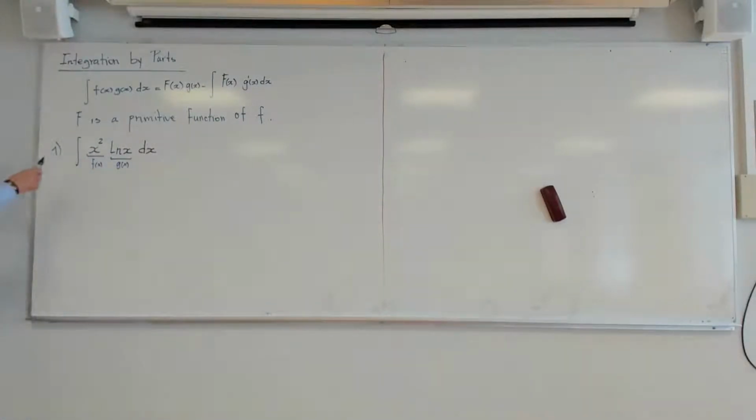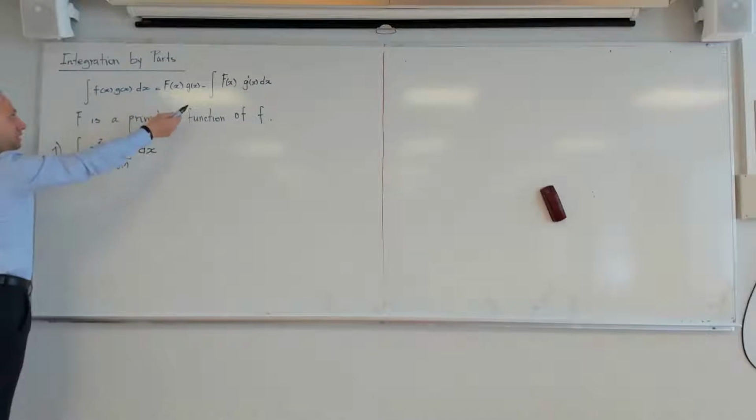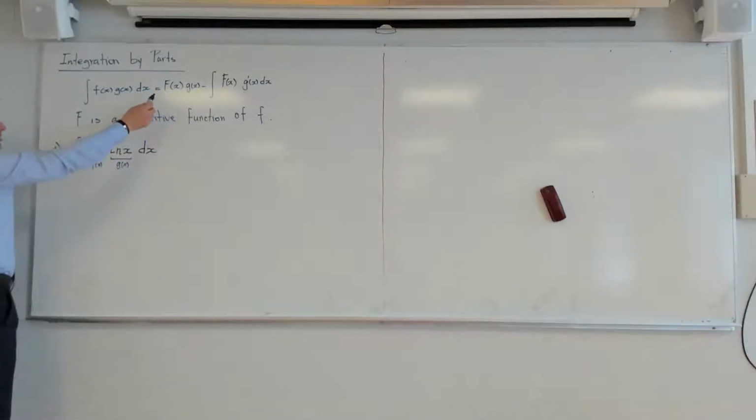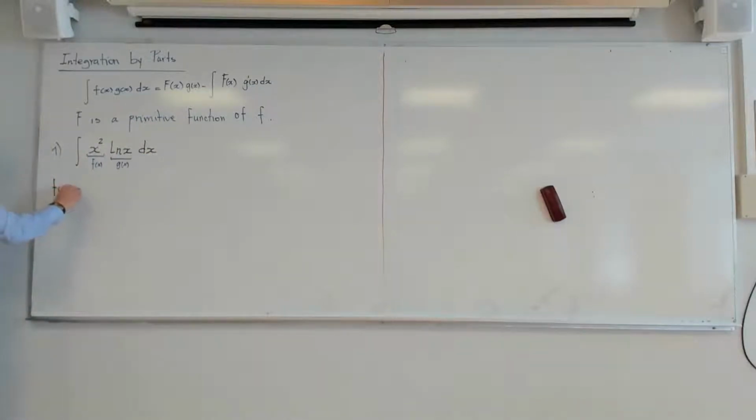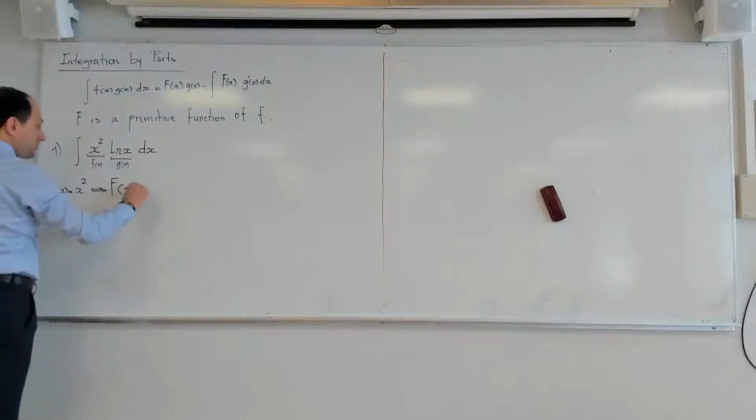As soon as you have made up your mind, you need to go for it. You need some ingredients for this formula. The first thing is to calculate a capital F of x. If little f of x is x squared, then immediately you can find one of the primitive functions: capital F is a third of x to the power of 3.